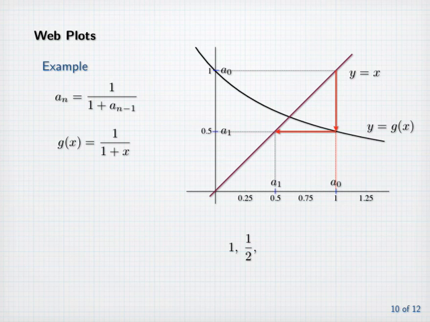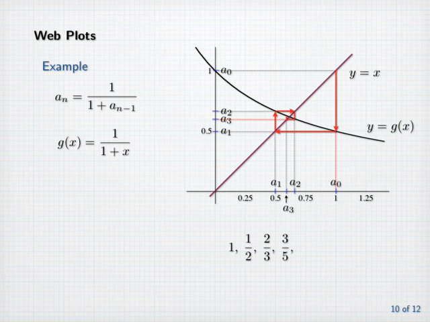That shows us where a1 is on the x-axis. Next we draw a vertical segment up to the graph of g again, which tells us where a2 is on the y-axis. And now by drawing a horizontal segment over to the line y equals x, we locate a2 on the x-axis. Then we draw a vertical segment down to the graph of g, followed by a horizontal segment over to the graph of y equals x. That shows us where a3 is on the x-axis.